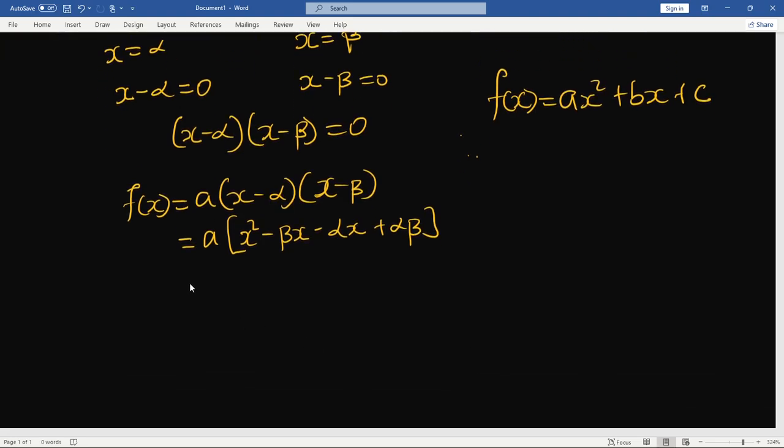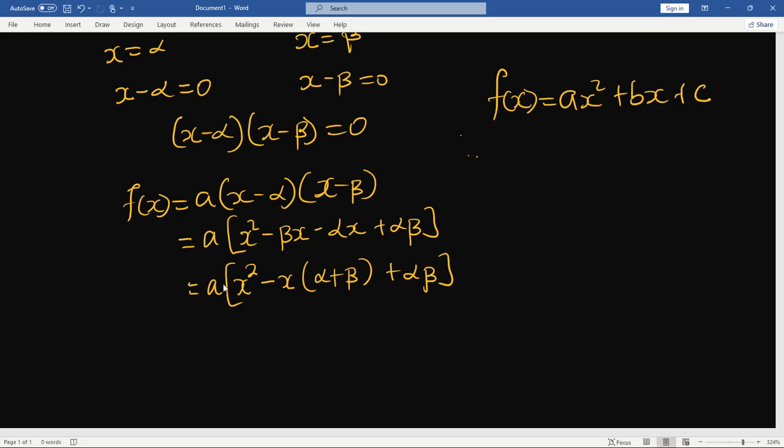So we continue there. We have our a outside, open brackets, x². When you look at these two terms, negative βx and negative αx, they have something in common, which is negative x. So we can factor out the negative x: minus x, open brackets, α + β, plus αβ.